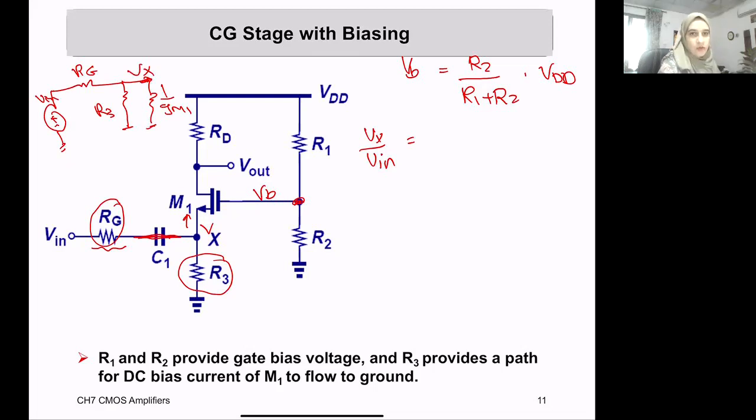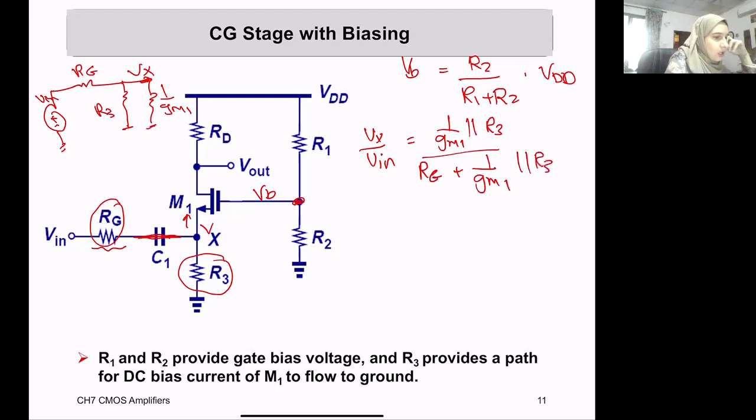So Vx over Vn will be again a voltage divider: 1 over Gm1 in parallel with R3, divided by RG plus 1 over Gm1 in parallel with R3. Now Vout over Vx will equal again Gm1 times Rd. The same thing as what we did earlier.